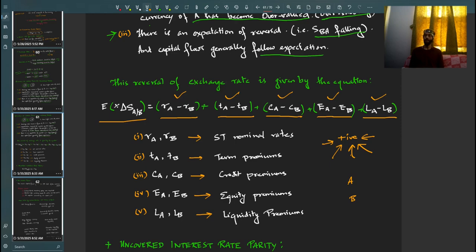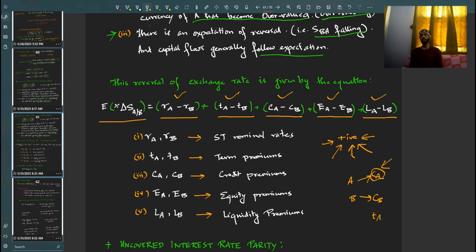Now, according to an investor, A is offering a credit premium of CA and B is offering a credit premium of CB. The investor finds that this credit premium of country A is more attractive compared to the risk that is being taken in A and in B. So they will put in capital here. Everything else being constant, they will put in capital here.